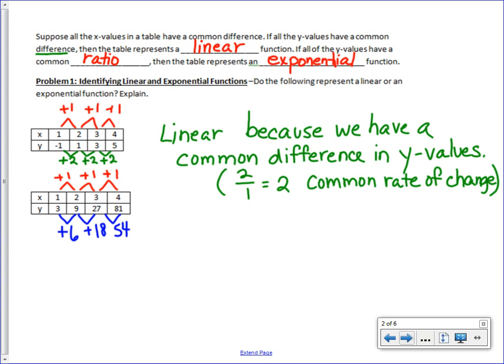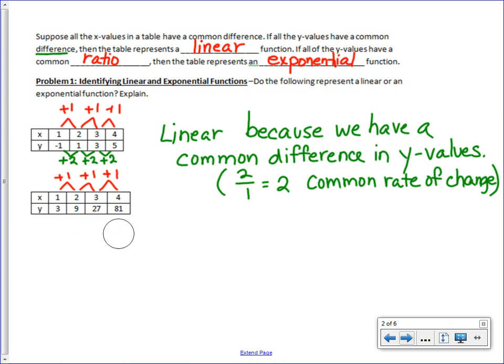All right, so what we want to check here, we know that it is not linear because we don't have a common rate of change. It's going up by different amounts each time, while x is going up by 1. So what we want to check is to see if we have a common ratio.